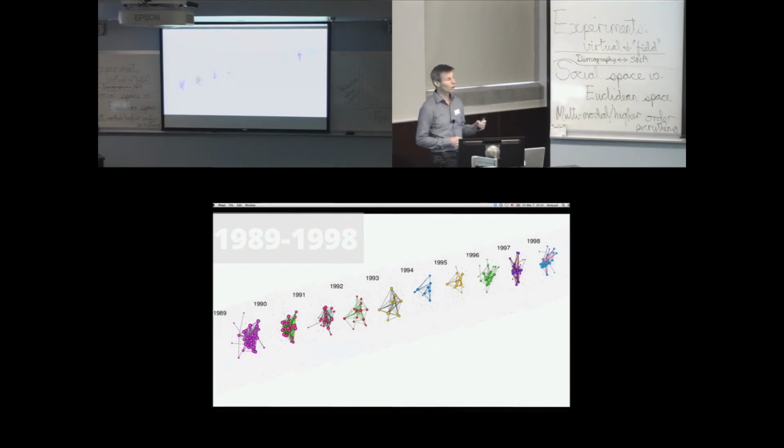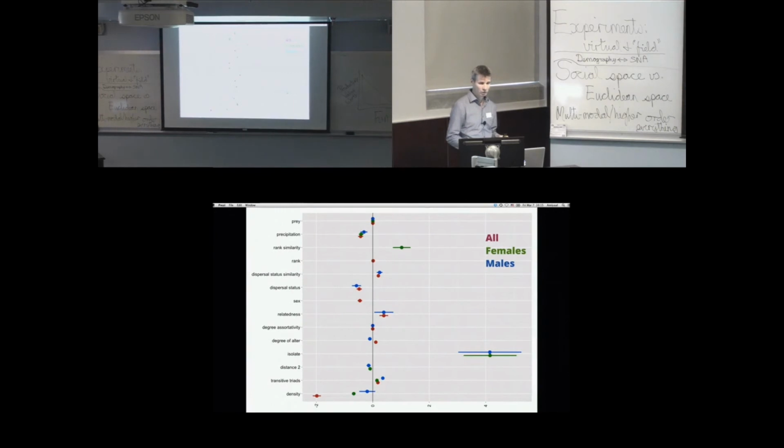You can test for that in SIENA, but if you think that something really important happened in the last 5 years, maybe you should model it differently and find different parameters that affect the dynamics. Okay, let's see the results.